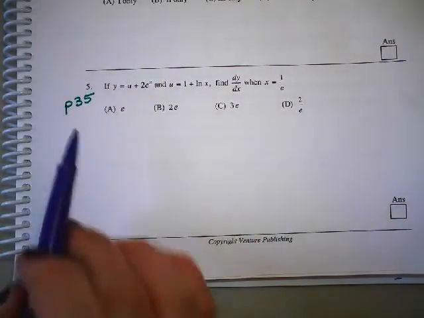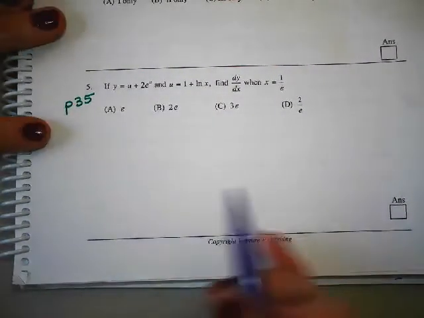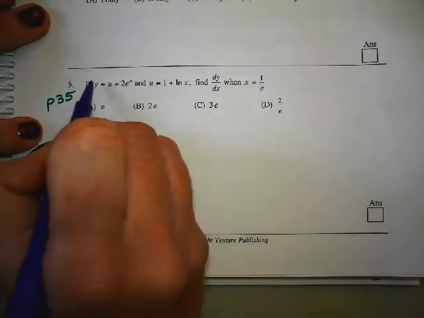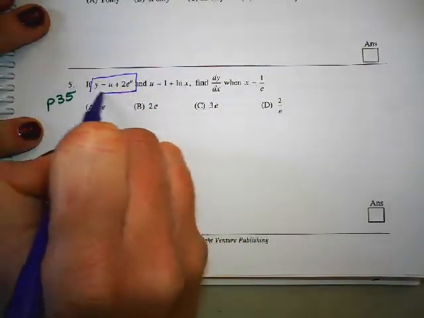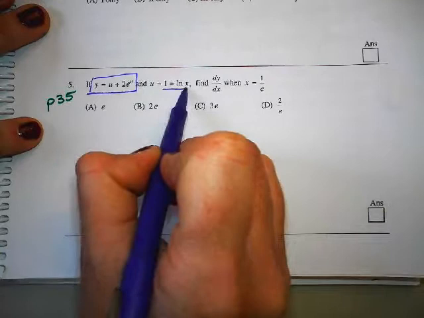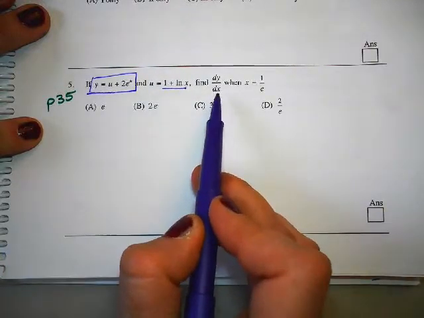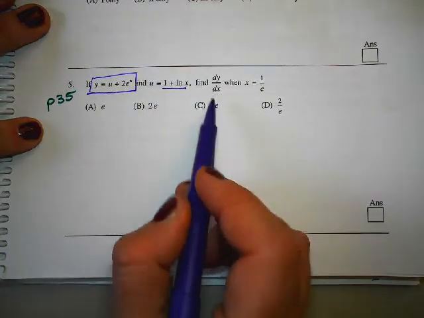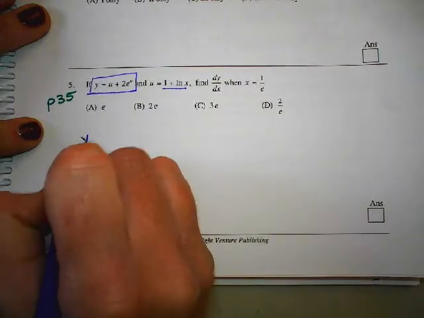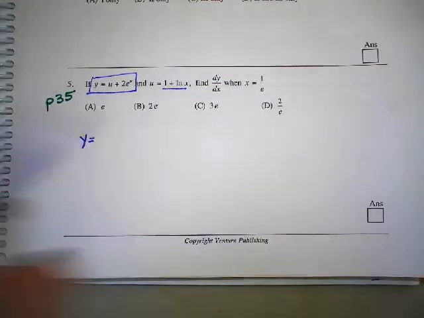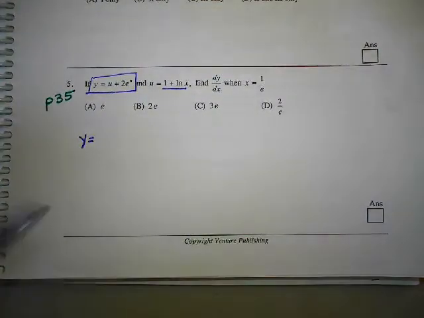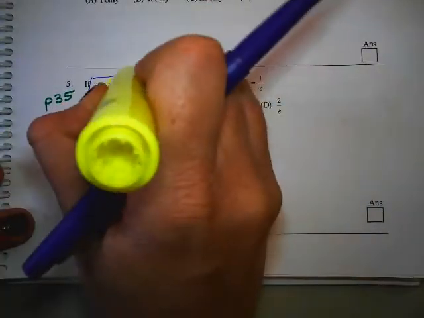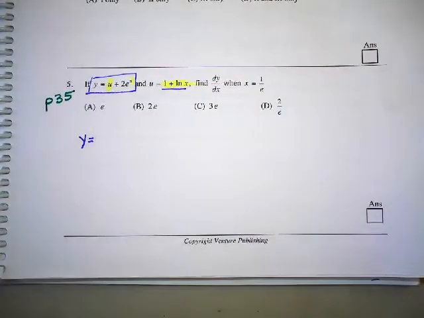Okay, next up is page 35, number 5. And this time they tell you that y is equal to u plus 2e to the u. They tell us what u is, and they ask us to find the derivative of y. So before I can find the derivative of y, I'm going to plug in and figure out what y is. Wherever I see u, I'm going to plug in that value.